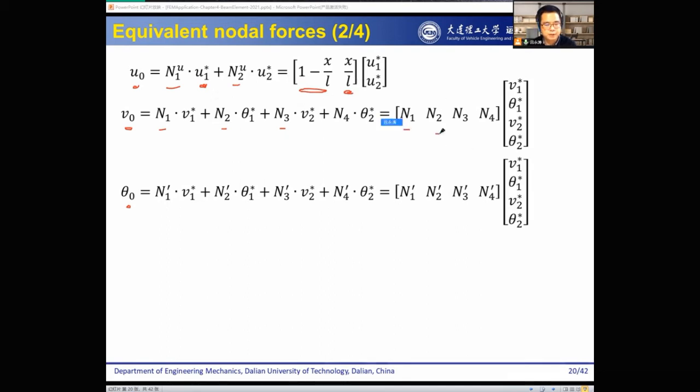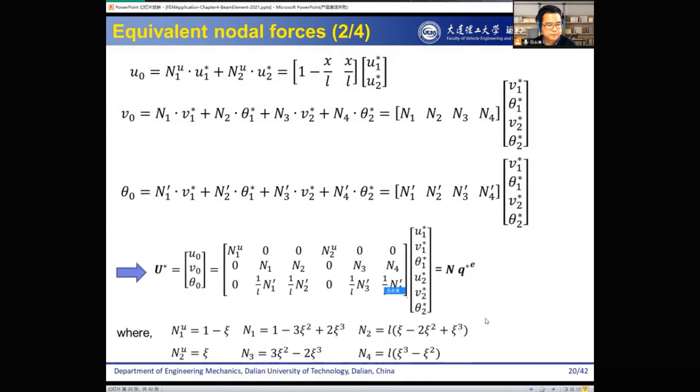This is the shape function for the general beam. This is the relationship between the displacement at the concentrated force and the displacement at the nodes, and these are the shape functions for the general beam, and in the general case it is like this.